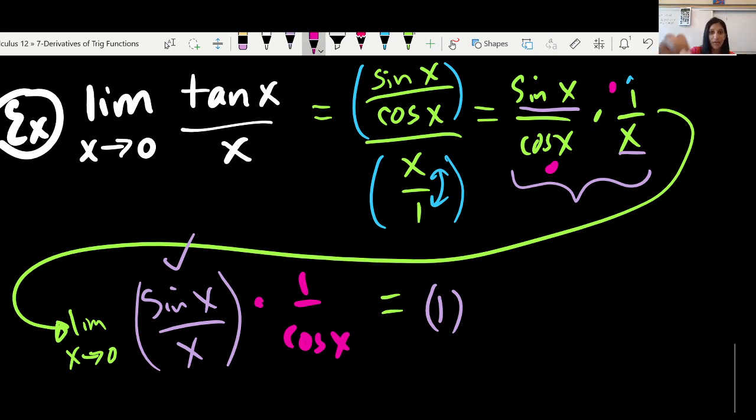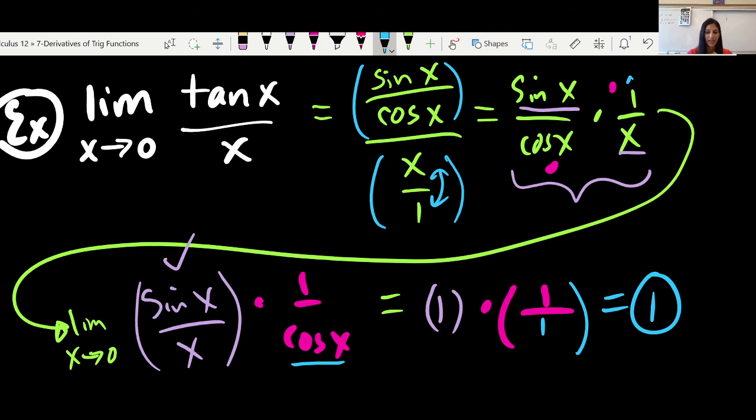And then for the other part, times, at the top we still have that 1, but at the bottom, the limit as x approaches 0 for cos of x, remember that that would be cosine of 0, that would be equal to 1, right? So the limit as x approaches 0 of cos x is 1. So overall, we get the answer of 1.